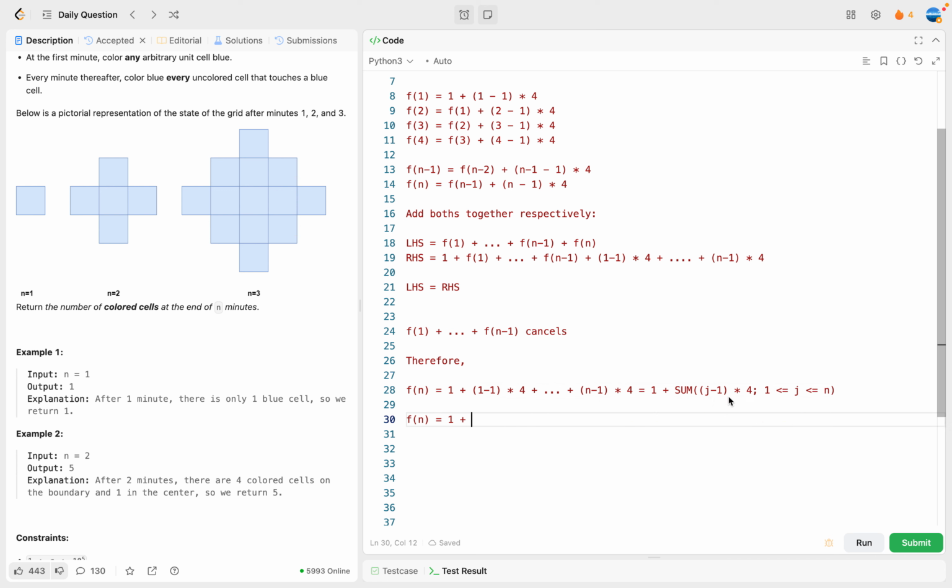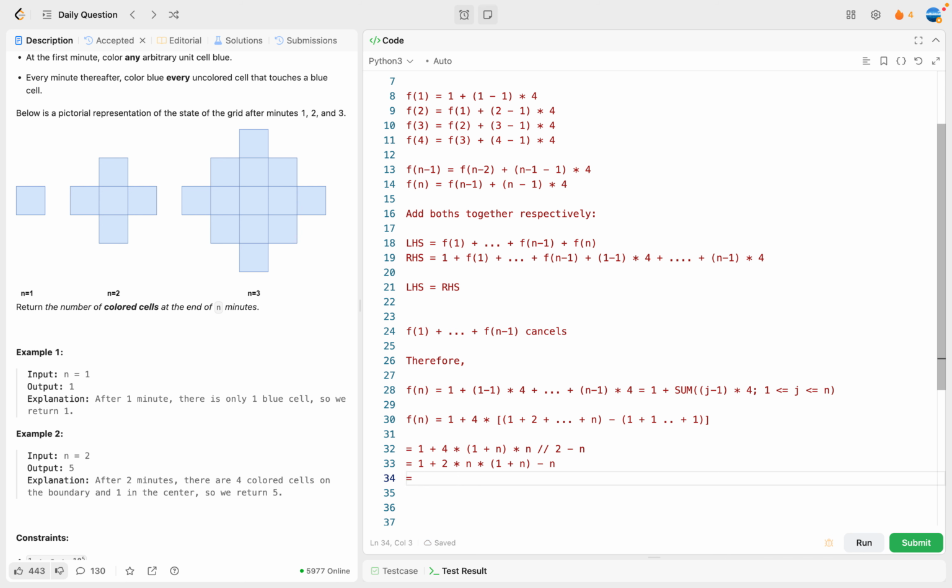The 4 we can just take out, so 4 times the sum of 1 plus 2 plus up to n, then minus the 1 repeated n times. The summation from 1 to n is nothing but (1 plus n) times n divided by 2, then minus n. So we get 1 plus 2 times n times (1 plus n), then minus n.